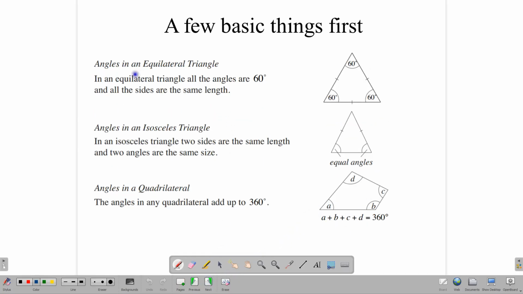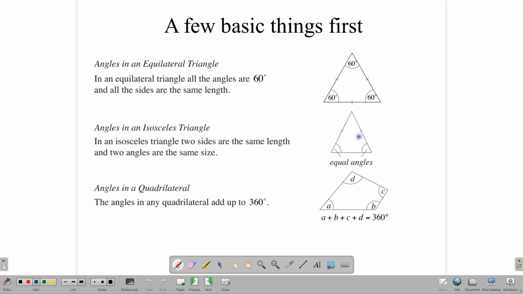Three other facts. Angles in an equilateral triangle are 60 degrees in size. This is so since our triangle, when we sum them, we get 180, and dividing that three ways, we get 60 degrees each. Angles in an isosceles triangle: two angles in an isosceles triangle are equal, usually the base angles, or whatever angles relate to the equal sides.